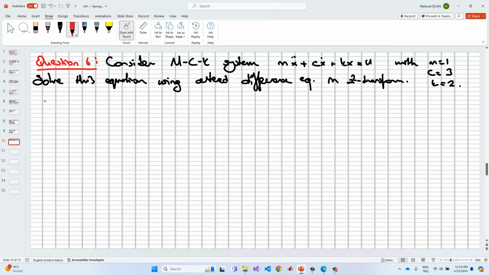This is a much more complex solution because we have the second order system in here. Okay, firstly we need to talk about the centered difference equation.